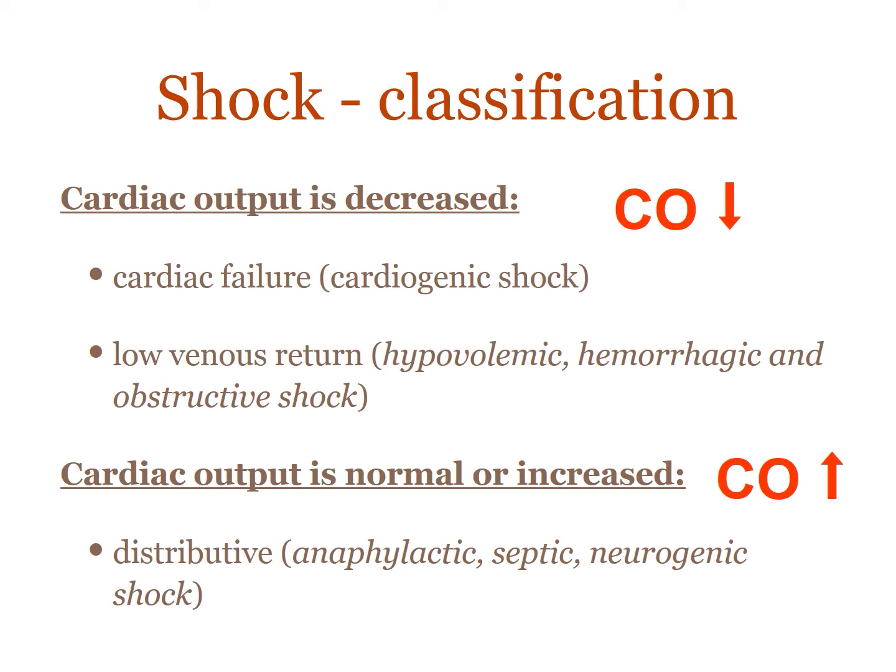The features of each of these 4 types of shock often overlap, and patients admitted with one type of shock can develop another type of shock early. For example, patients hospitalized with hemorrhagic shock due to trauma or with cardiogenic shock occasionally develop septic shock.